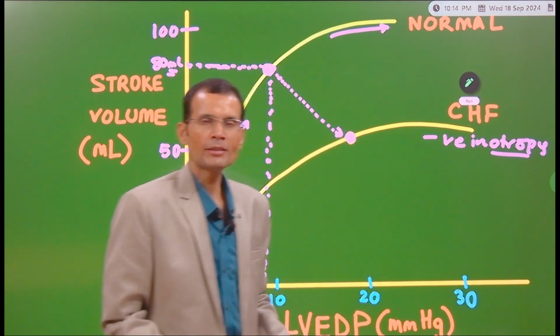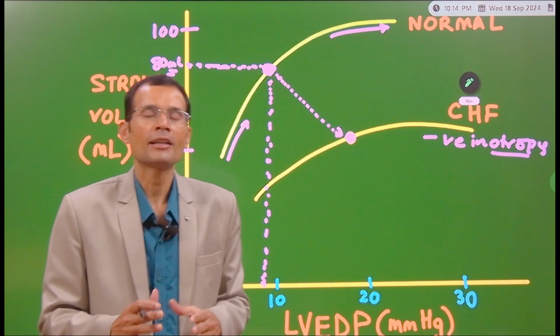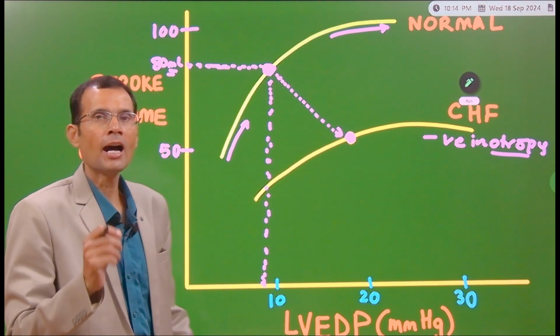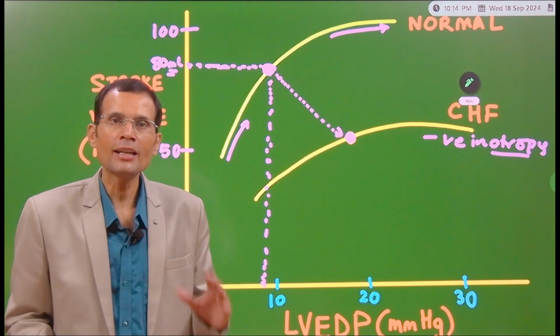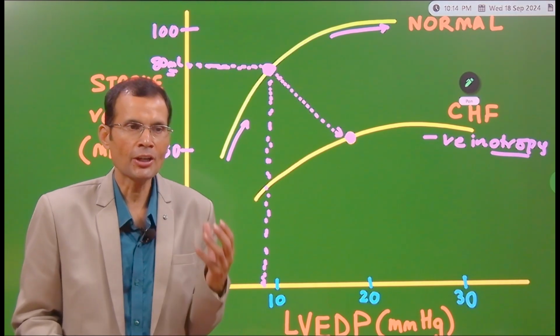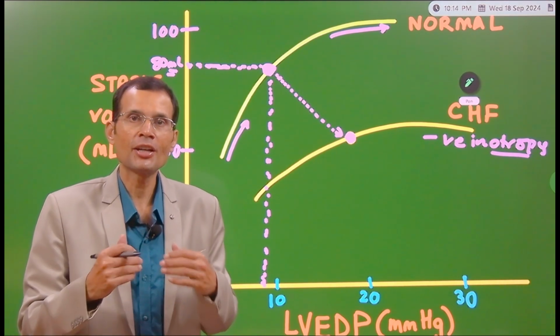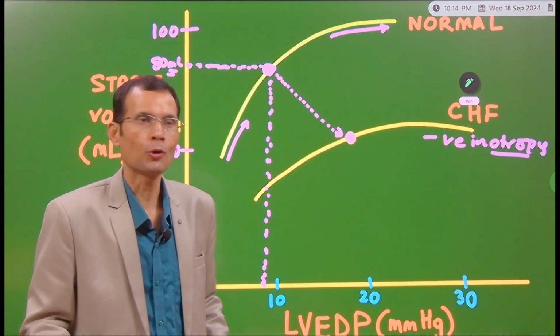Negative inotropy means strength of contraction of the heart is decreased. So that is what happens in heart failure. Heart is failing as a pump. Its strength of contraction is becoming less and less, and therefore it is ejecting out less and less stroke volume.